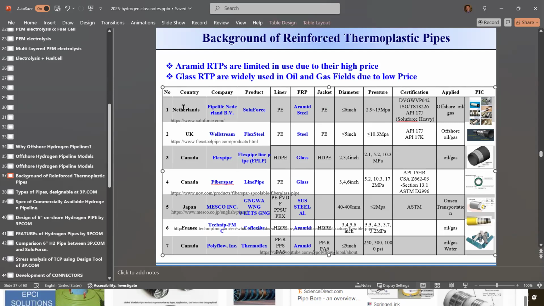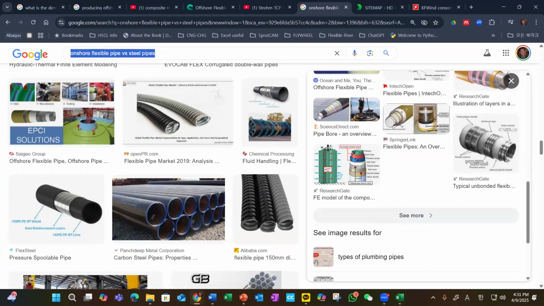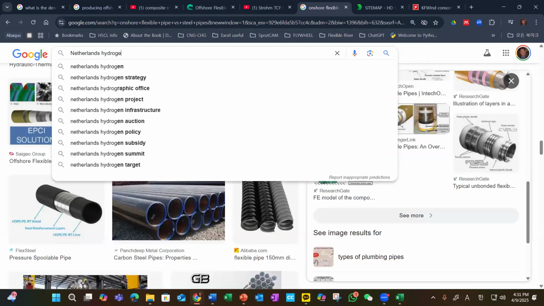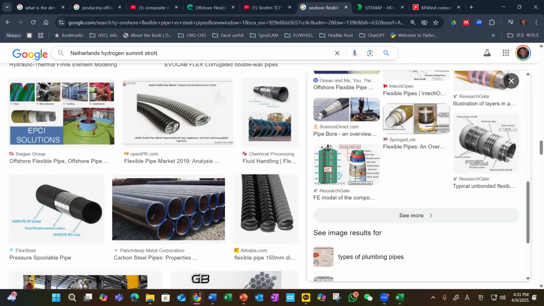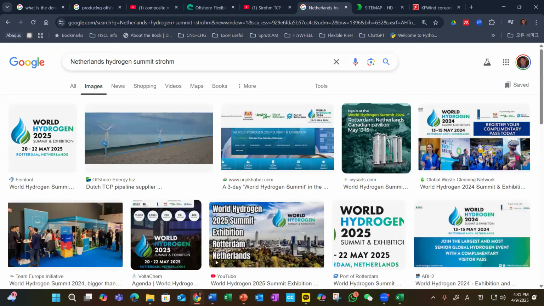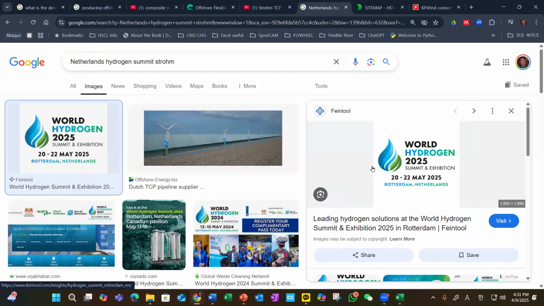Speaking of the Netherlands, I would like to introduce the current status and how big this hydrogen industry is booming.